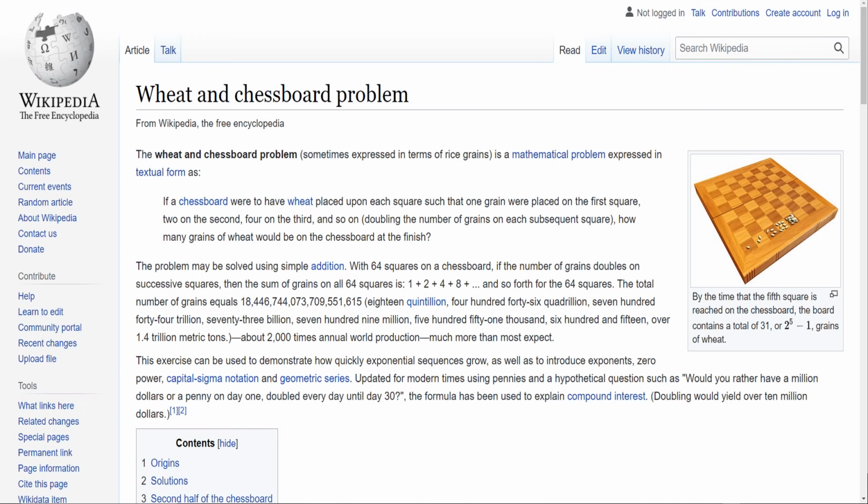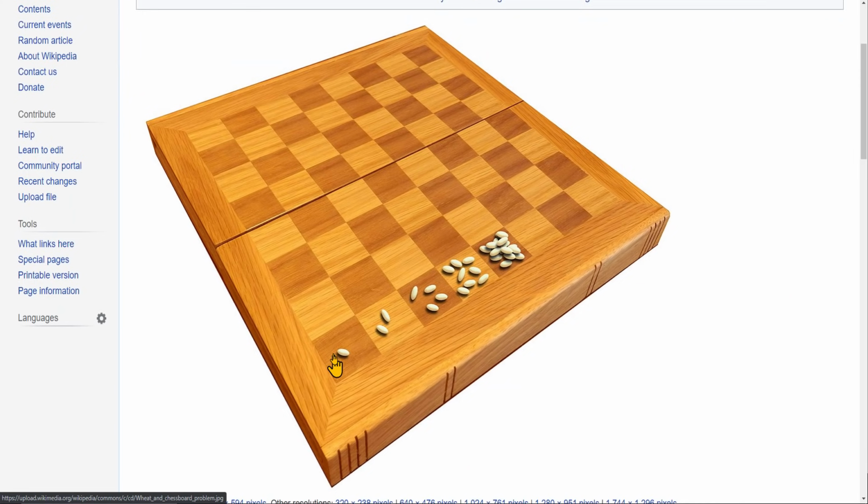And the inventor of chess, knowing a thing or two about mathematics, said, "Okay, I tell you what, why don't you give me 1 grain of rice, just put 1 grain of rice on the first square and double it each square, and whatever I end up on the last square, that can be my reward."